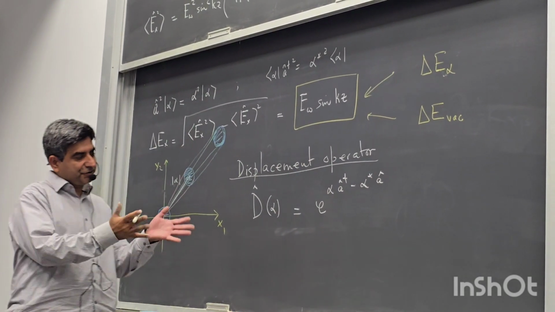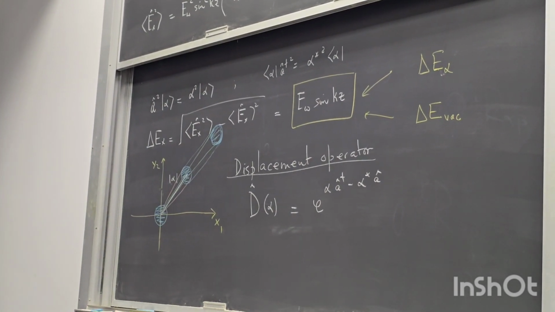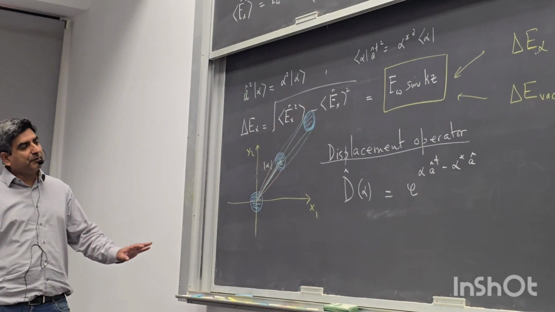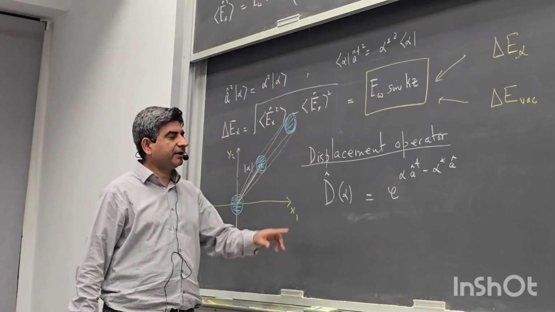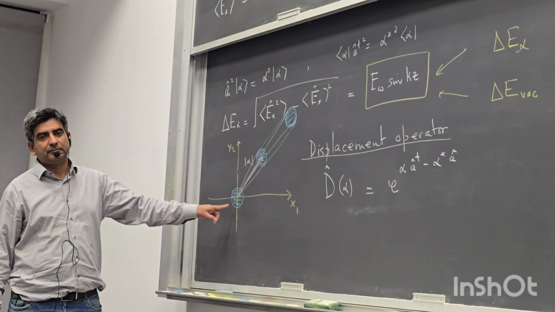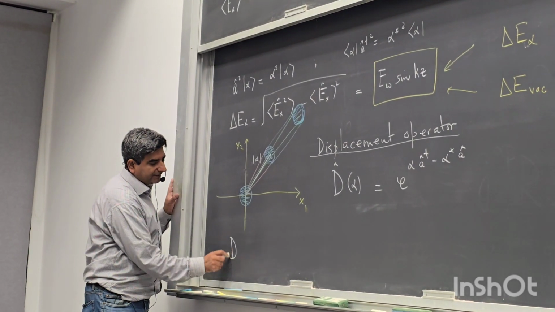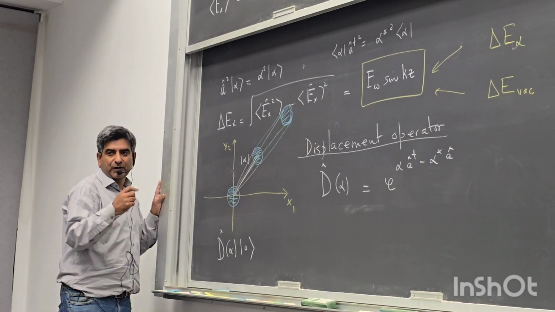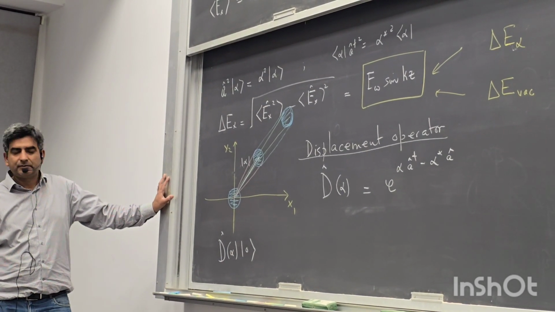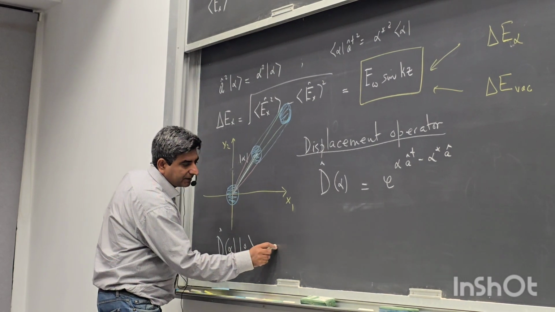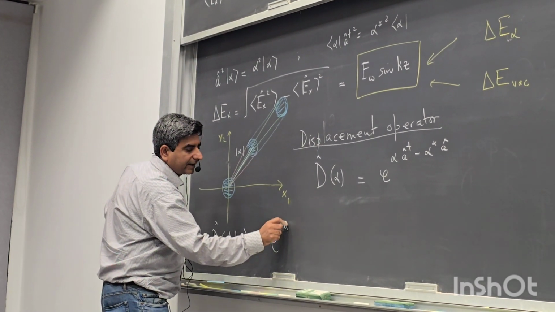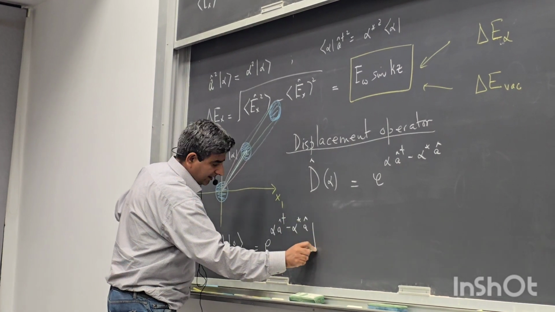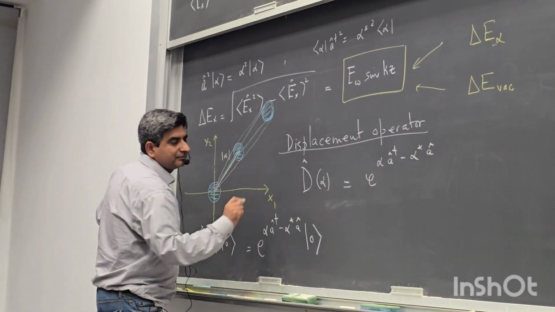This is my definition for a displacement operator. Alpha is some complex number. Let's see what happens when this operator acts on vacuum. So if I take my displacement operator and have it act on vacuum, this becomes e^(alpha a dagger minus alpha star a) acting on vacuum.